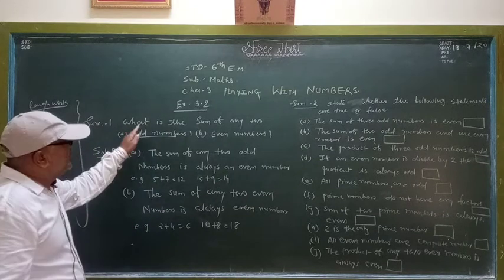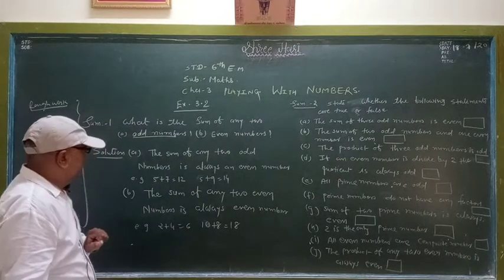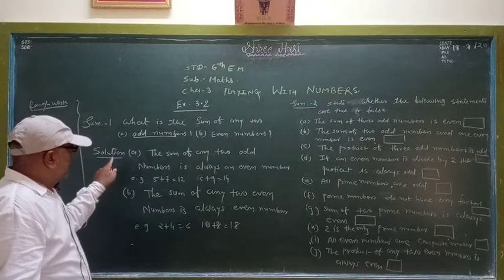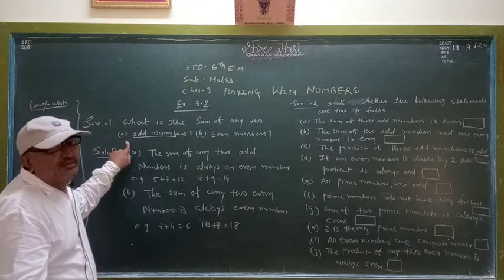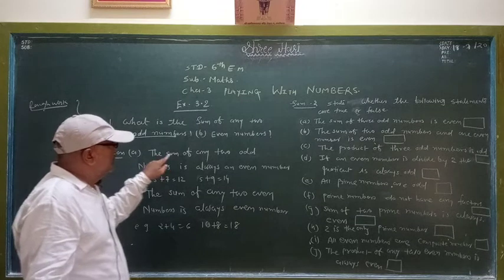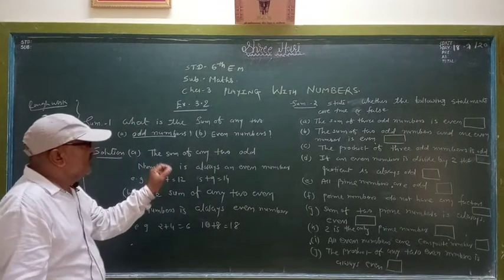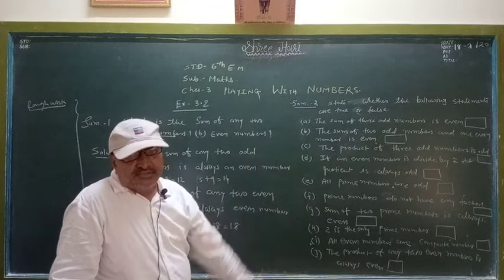What is the sum of any two odd numbers? This is the solution of question A. The sum of any two odd numbers is always an even number.